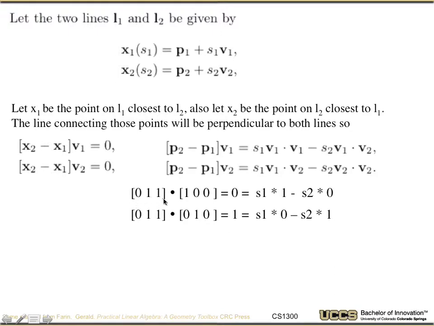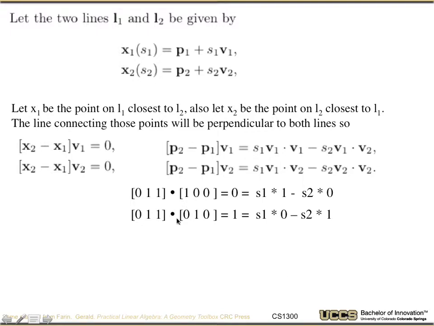I get 0, 1, 1 dotted with 1, 0, 0, which is 0. On the right-hand side, v1 dot v1 is just 1, and v1 dot v2, if you look at them, their dot product is 0. So that gives me 0 equals s1 times 1.